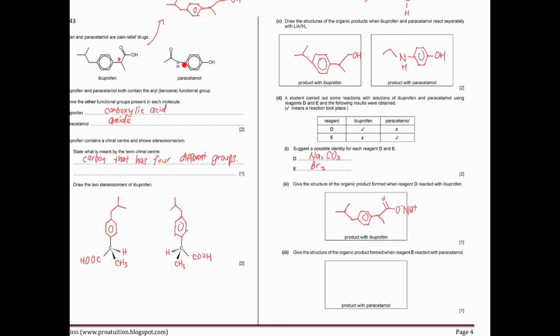Position 4 cannot, as position 4 has been occupied. So bromine can be added to position 2 and 6. So we draw the structure. OH remains, NH, double bond O. Bromine comes here and here.